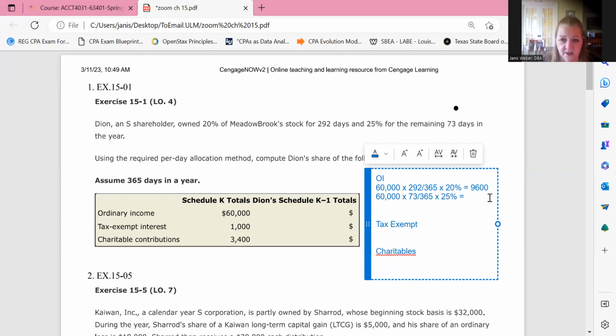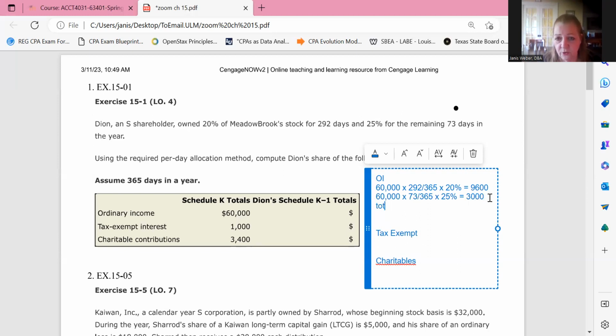So if you multiply the 60,000 times 73 divided by 365 and times the 25% that he owned for the last days of the year, I think we're going to come to $3,000 for that, not 2,000. So the total that we're going to call ordinary income is the combo of the 9,600 and the 3,000. So that puts us at 12,600. So that's what they want right there.